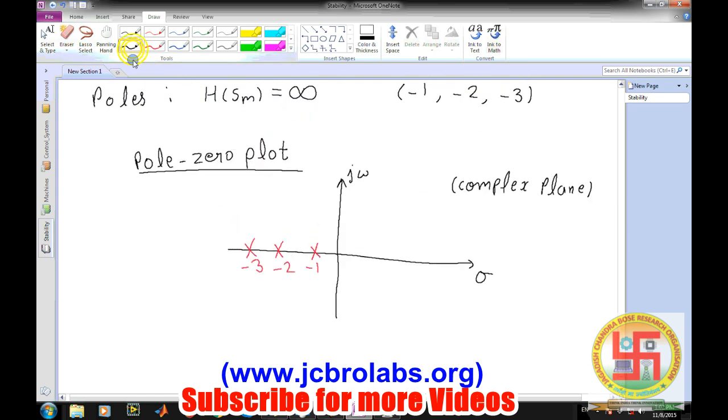We represent a zero by a different symbol, this 0 sign. So this is the point where our system becomes 0. So this is the pole zero plot, and from this pole zero plot we can identify the stability of the system. There are certain rules for how to find the stability.